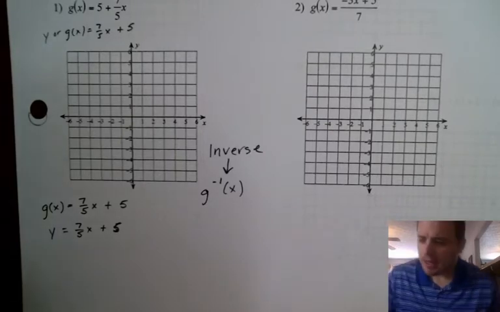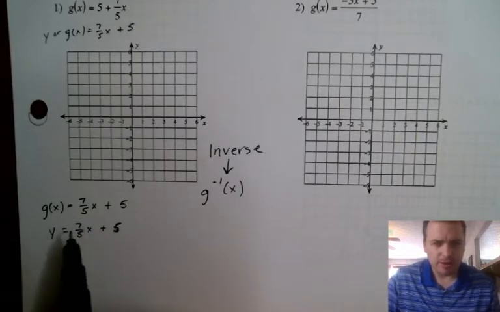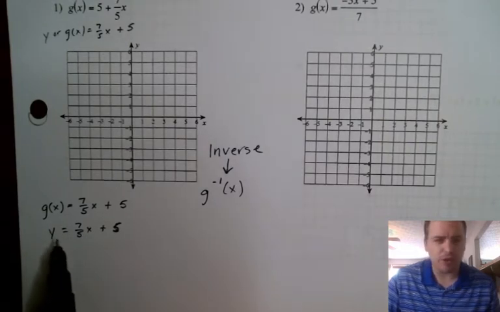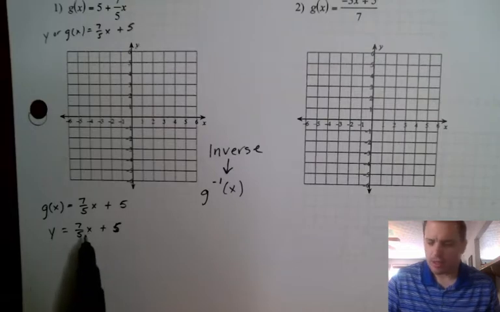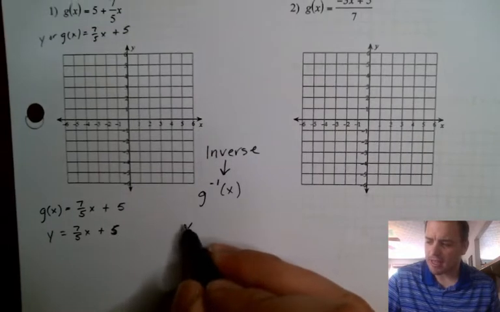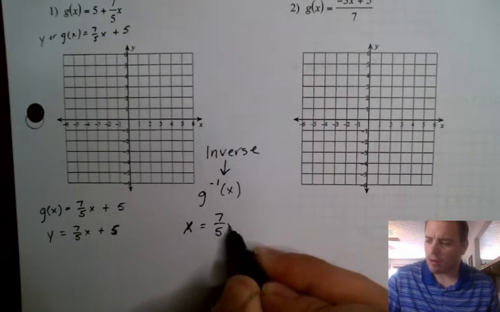Now, if this is the original function right here, then its inverse would just be switching the x and y. Okay? So right now the y is here. Right now the x is here. So to do the inverse of it, we put the x where the y is, and we put the y where the x was.